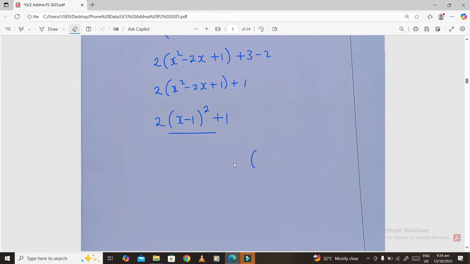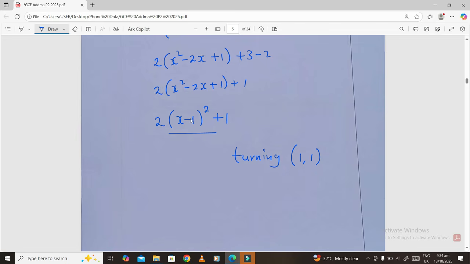Because let me start with the 10. So for the minimum value, you are going to use this turning point. So the turning point of that is 1, 1.